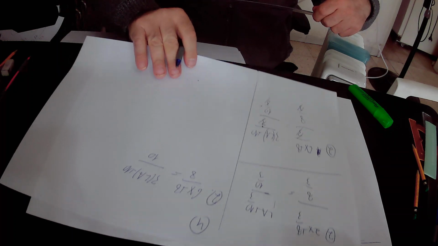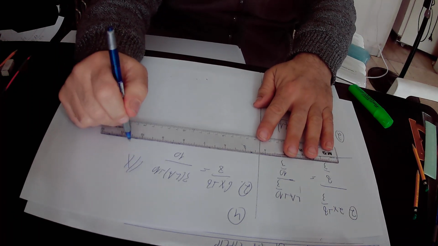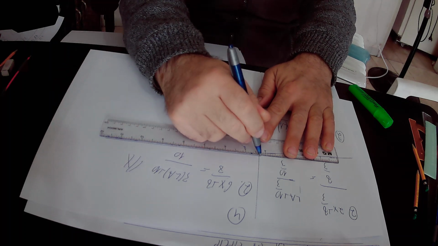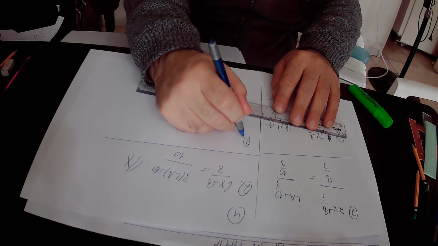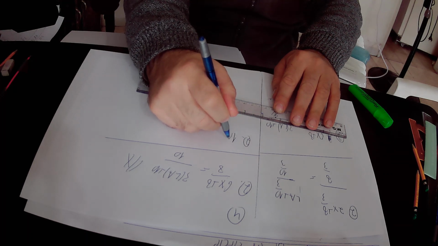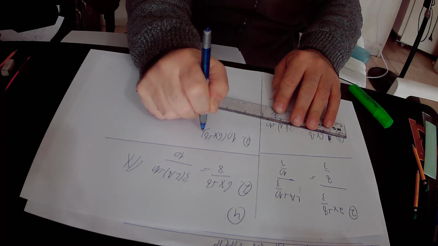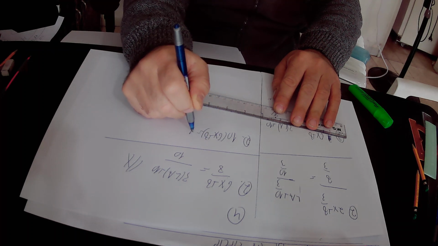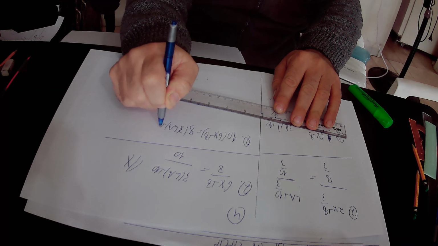So here we must multiply this equation 2, and we get that according to equation 2, ten times (6x plus 8) equals 8 times (3LA plus 10).